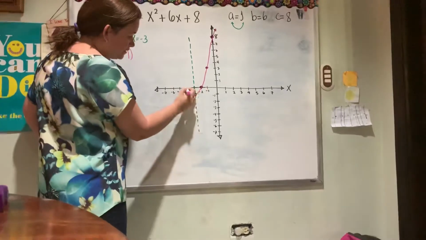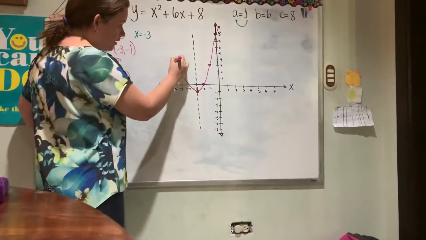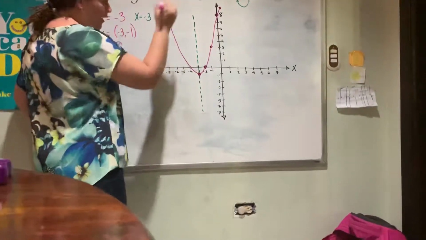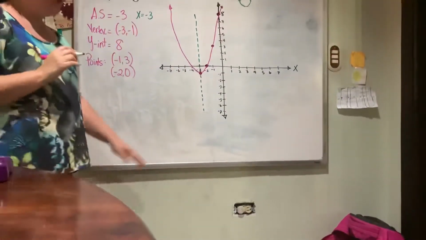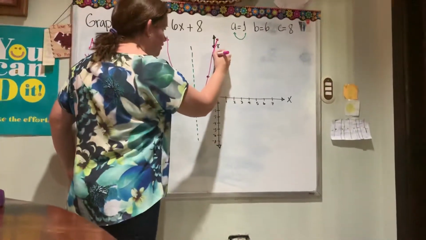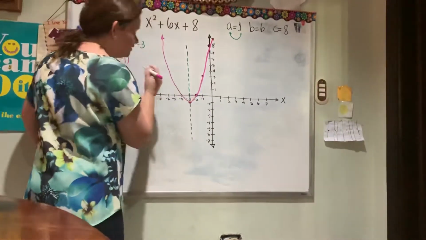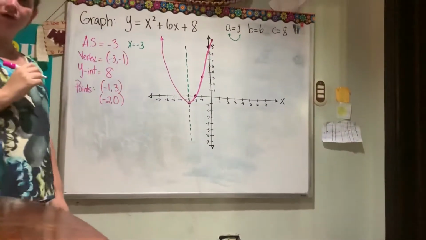Okay, if this point is here, the other point would go here, the other one would go here, and then you go all the way up. And this is how your parabola, I'm gonna retrace it in here so you guys can see it. Okay, this is how your parabola will look like.